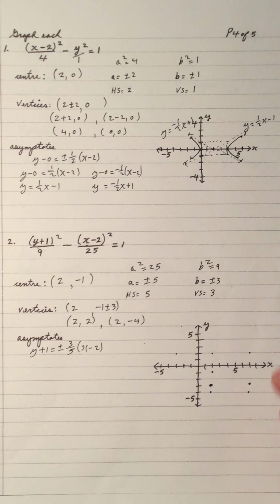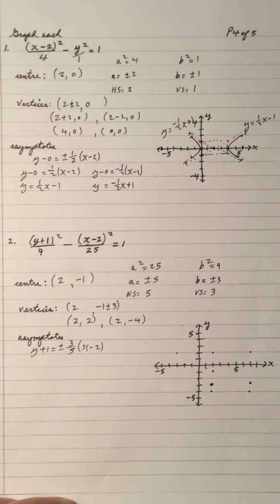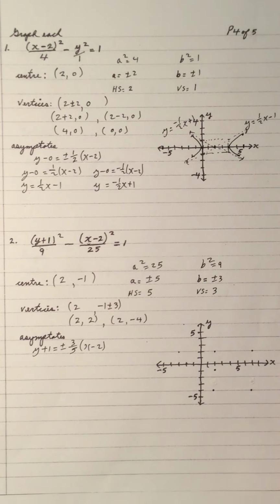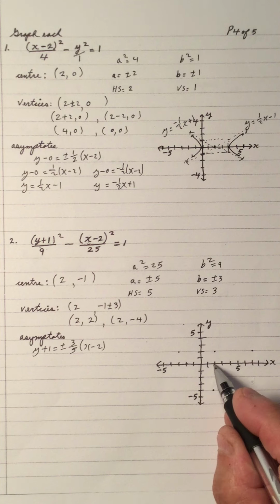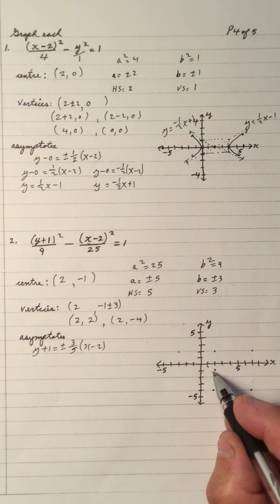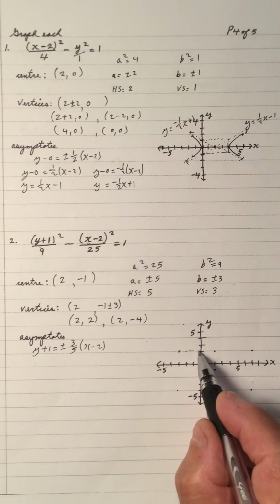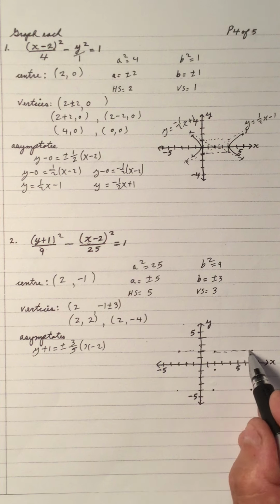Just take that away, because visually it'll mix me up. Sorry for that. You go up 3, right 5, down 3, right 5, down 3, left 5, and you have the rectangular box, which is right there.